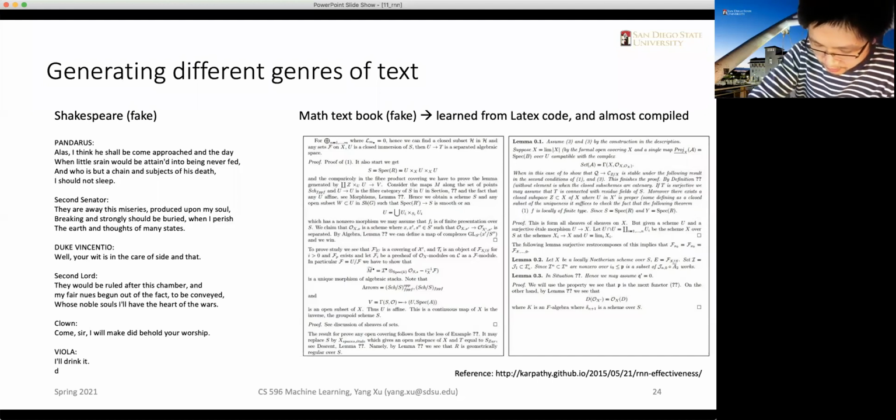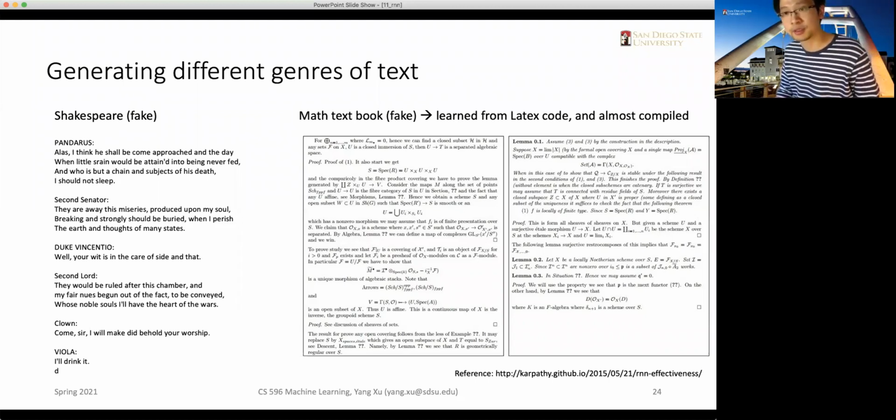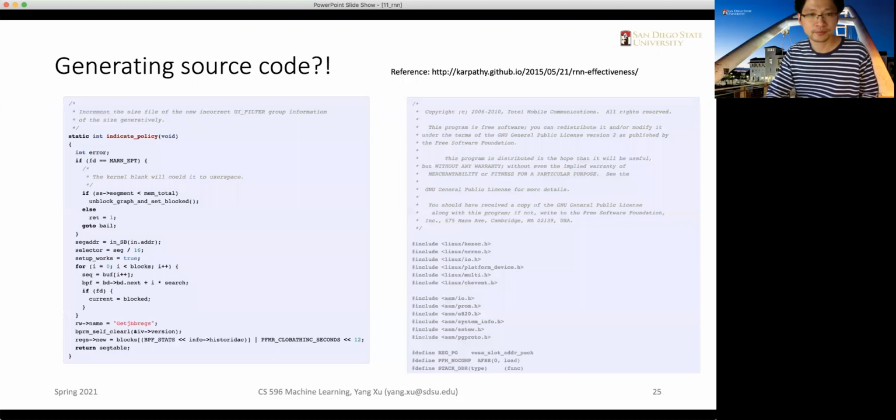Although the sequence information is not 100% accurately captured, still some characteristic parts can be captured. For example, still in the same post, they even use a character-based language model to generate source code.